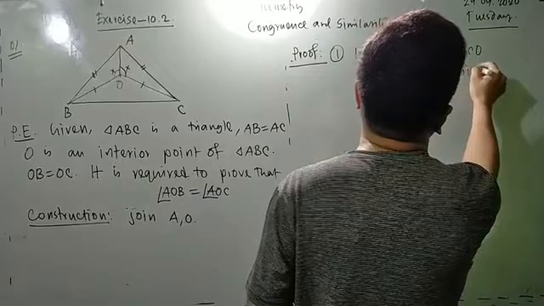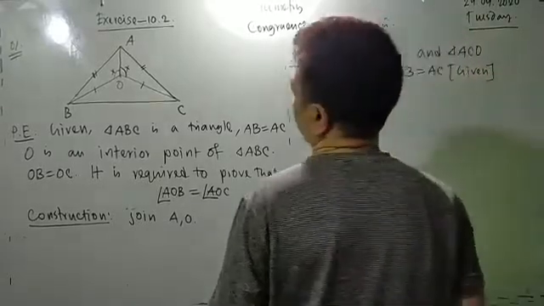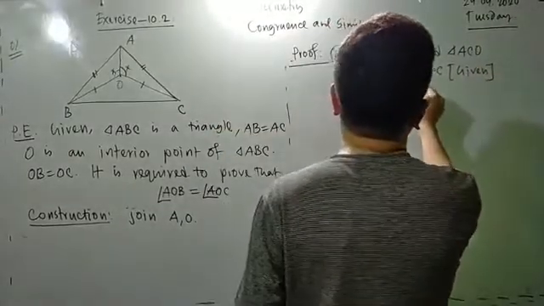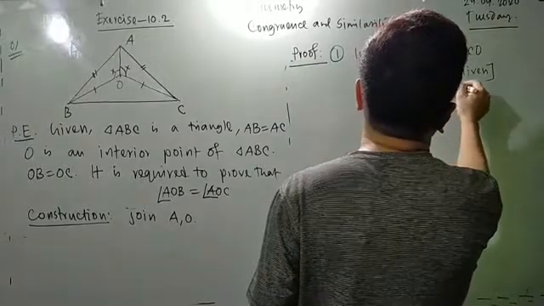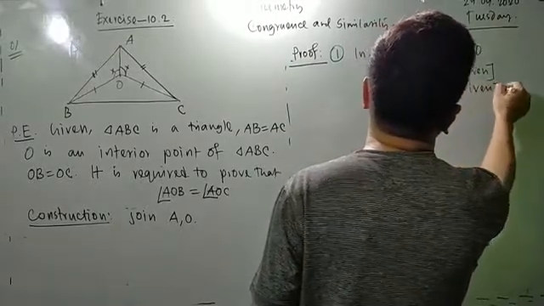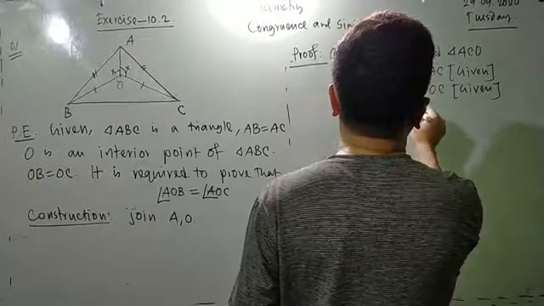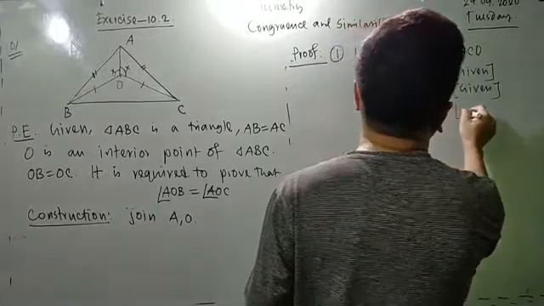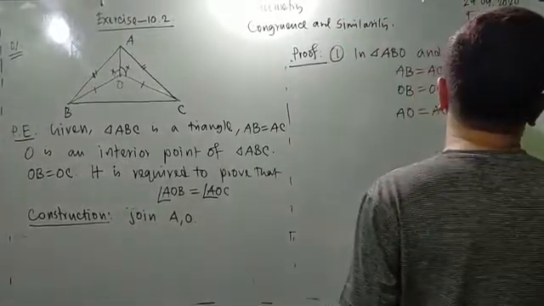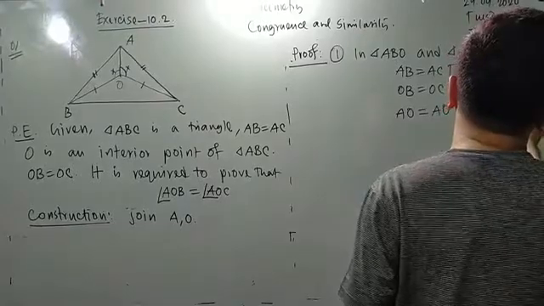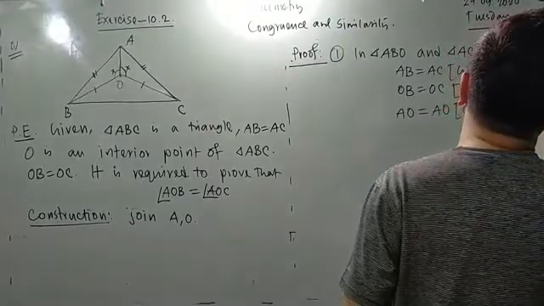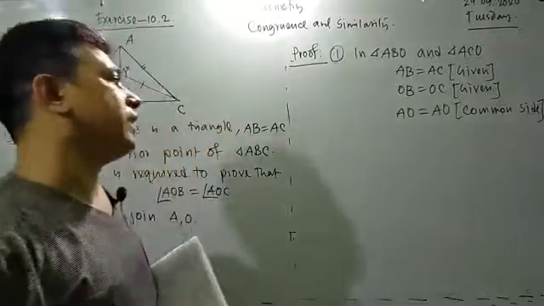It's given. And OB equals OC. It's also given. AO equals AO, a common side of both triangles.